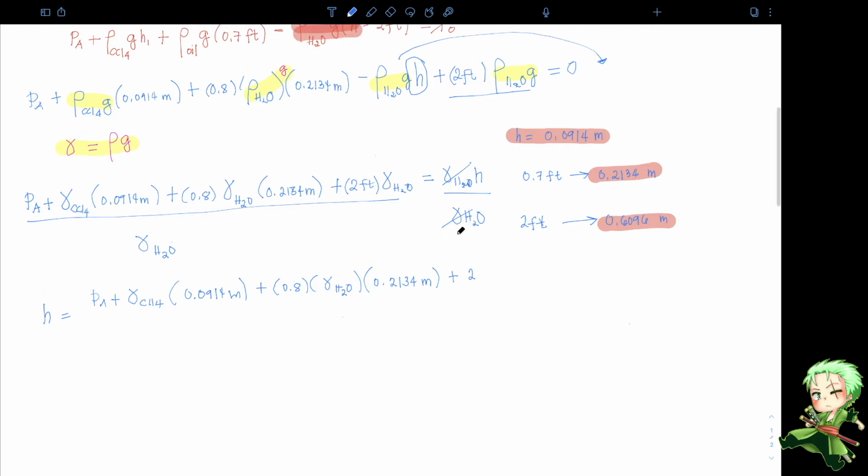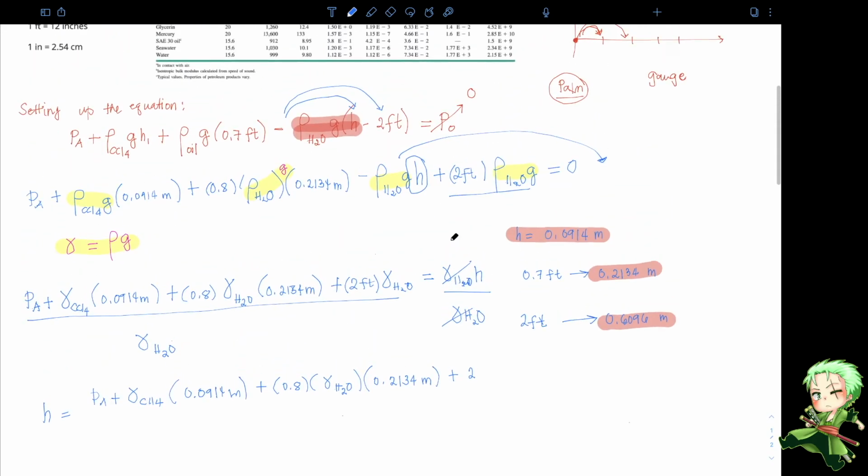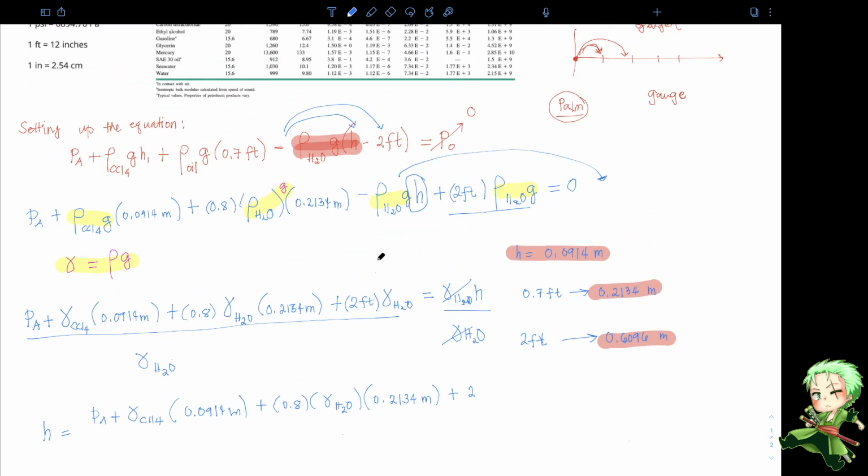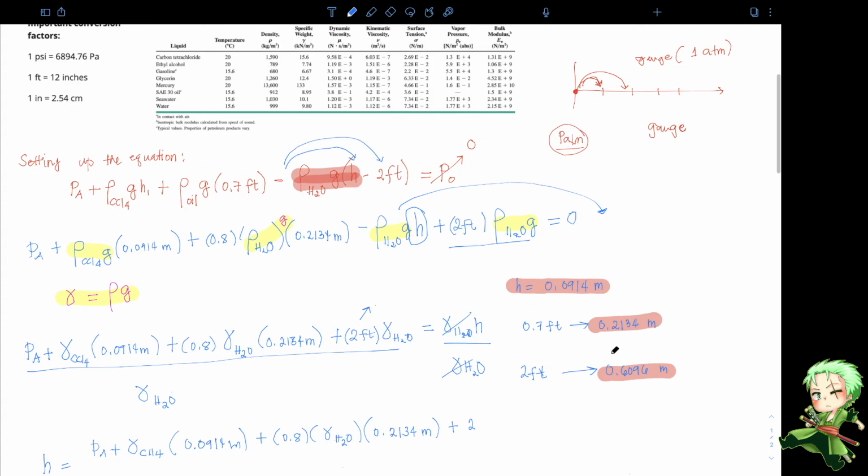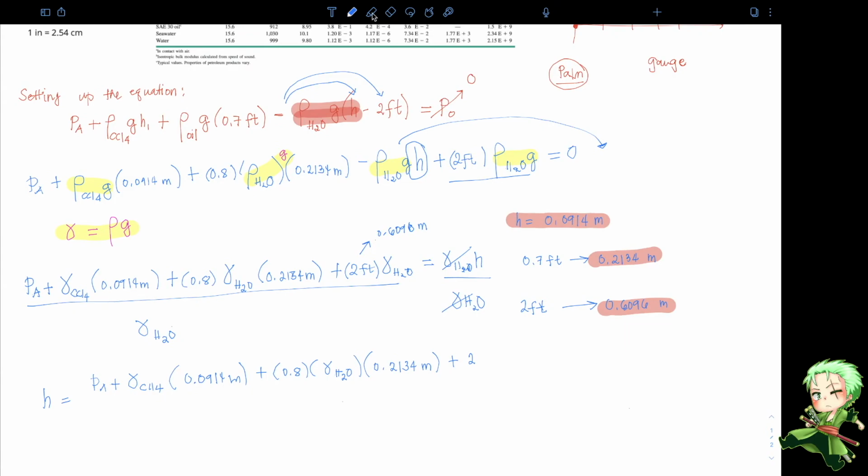Oh, okay. We should have converted also 2 feet. In this case, this 2 feet, so that we are consistent in units, is 0.6096 meters. So we are going to use this so that everything is in SI. We do not want to get confused later with the unit of the value we get for h.